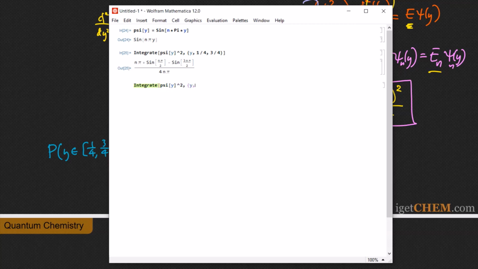So if I integrate this from y equals 0 to 1, it tells me that it is 1/2 minus sine 2n pi over 4n pi. So you have to understand that Mathematica isn't like a human brain. We understand that when n is an integer, sine 2n pi over 4n pi will come out to be equal to 0.